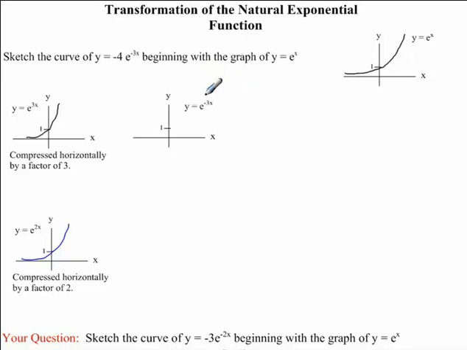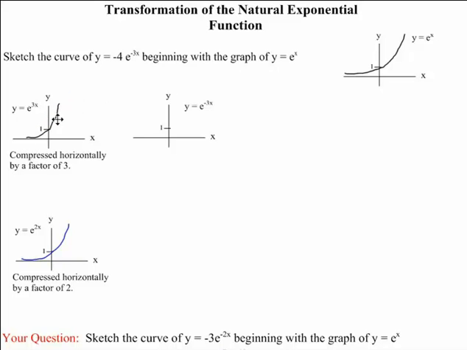So we're going to apply this transformation based on this graph here, since they're the exact same except for this negative. The negative in front of the 3x will actually cause the previous graph to reflect about the y-axis. In other words, we're going to take this graph and we're going to flip it from left to right.